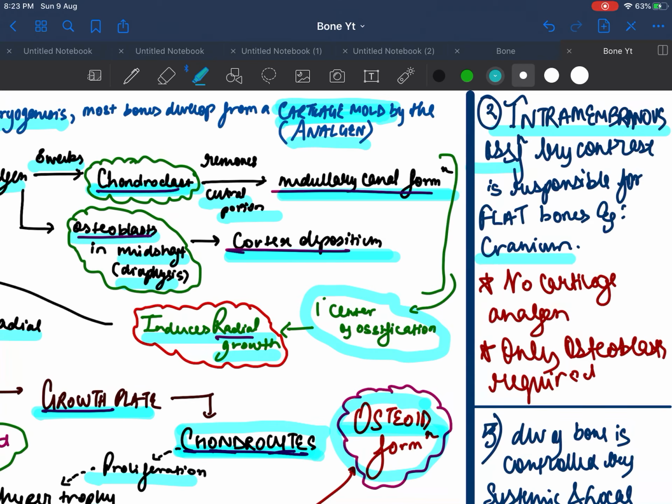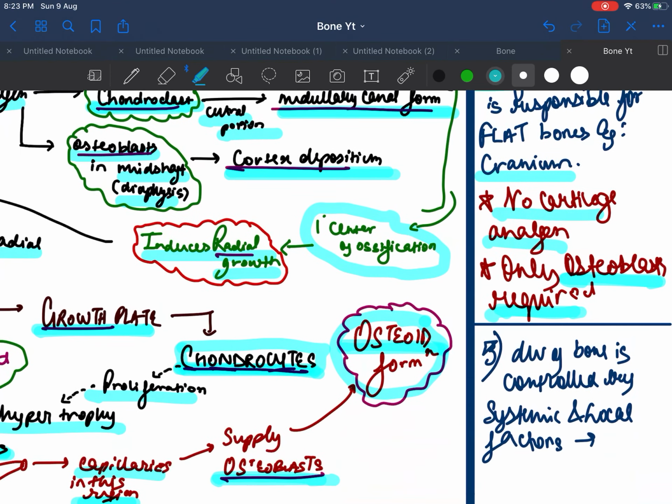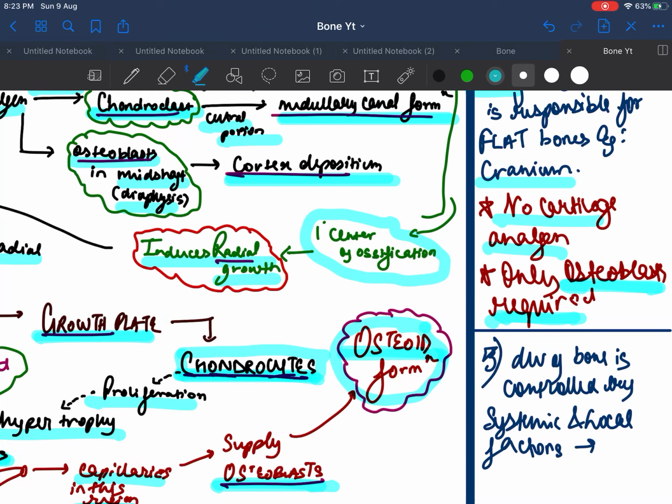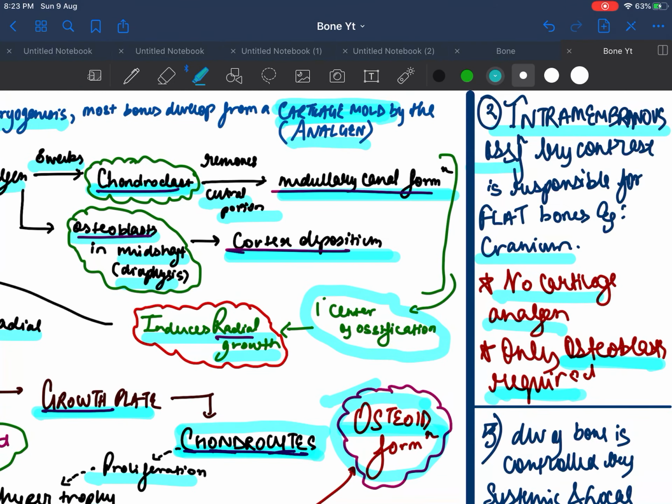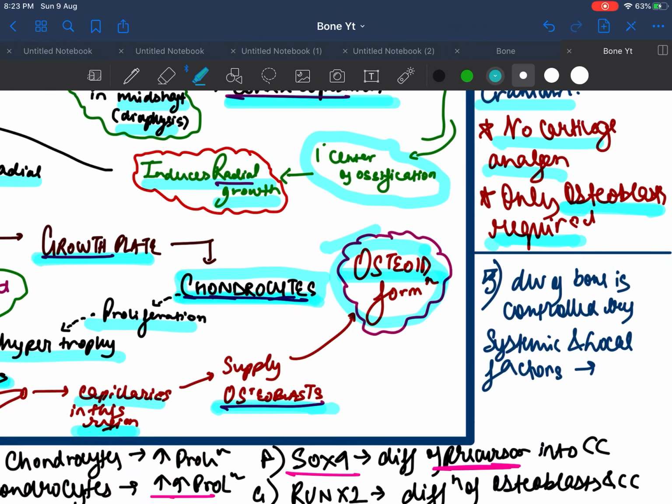We have the cranium, the sternum, etc. Here intramembranous ossification takes place, and there is no cartilage involvement, and only osteoblasts are required. So at the end of the day, in flat bones, only osteoblasts are required, which will lead to formation of the osteoid. No cartilage is required in the formation of bones like the cranium and sternum.